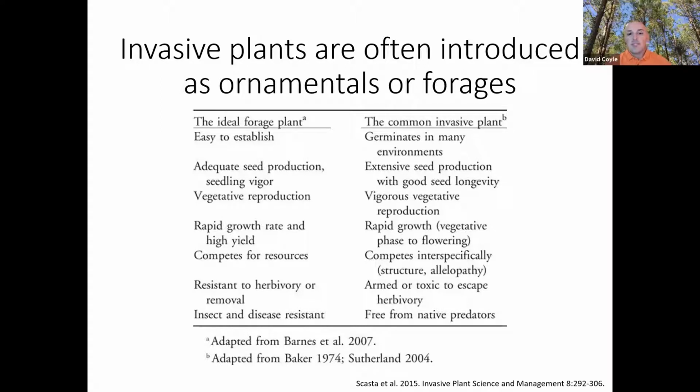The ideal forage plant is easy to establish, with lots of seed production, vigorous growth, rapid growth rate, high yield, insect and disease resistant. That basically describes the perfect invasive plant, right? Grows fast, produces a lot of progeny or seed, nothing likes to eat it, can reproduce easily. So unfortunately, those characteristics are very much the same.